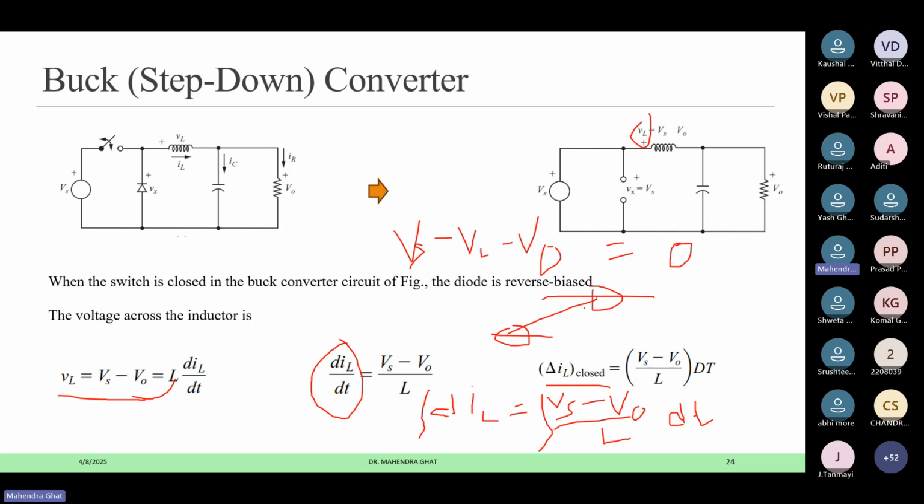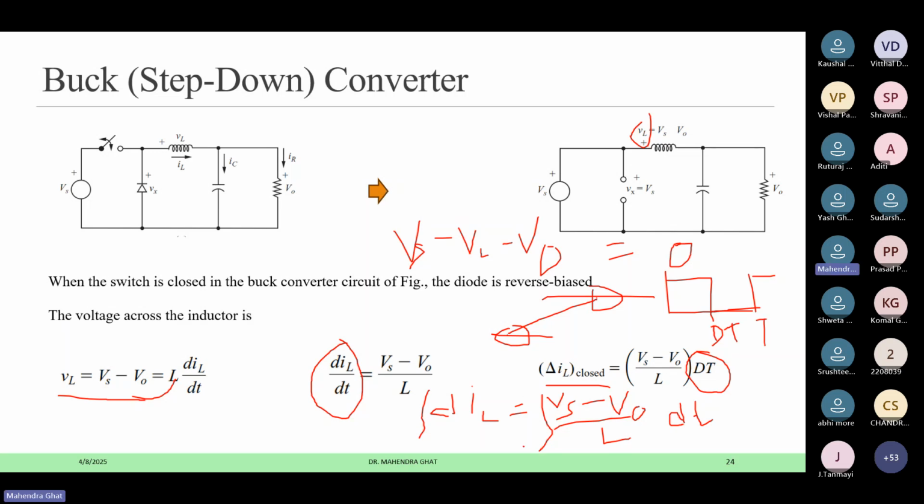So delta IL when the switch is closed is equal to the integration of this term, Vs minus Vo by L, which is constant, and the integration of dt is from 0 to dt, because we are getting the voltage across the inductor when this is applied, and not when it is not applied. So this is dt, and this is the t.